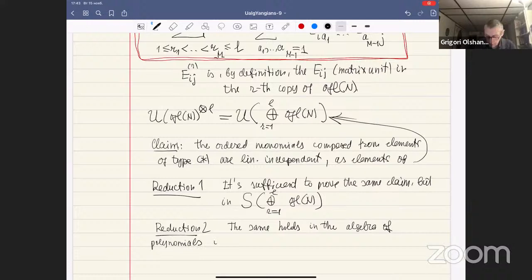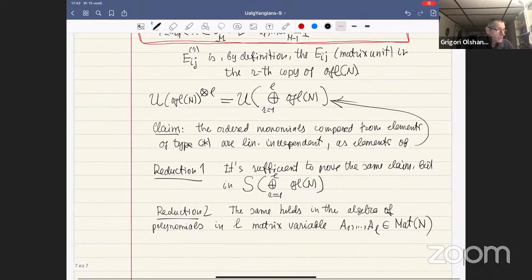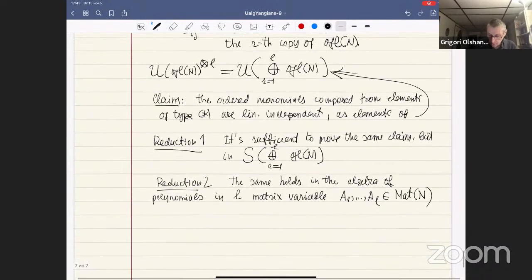In L matrix variables, say A1, ..., AL, which range over the space of matrices.